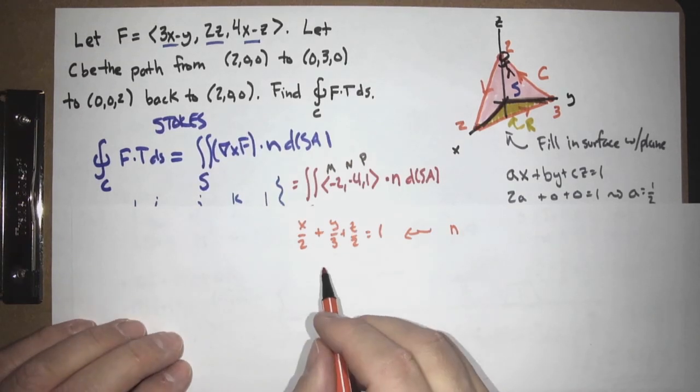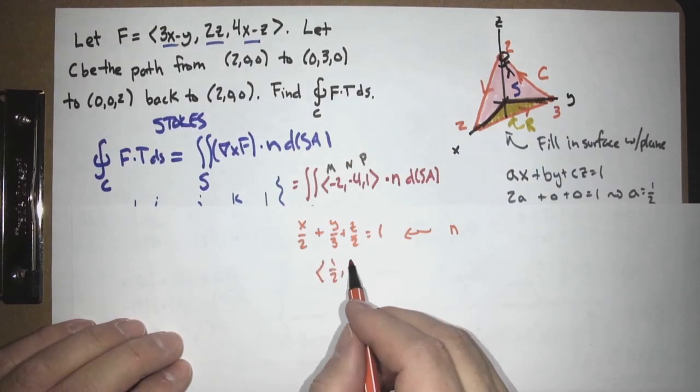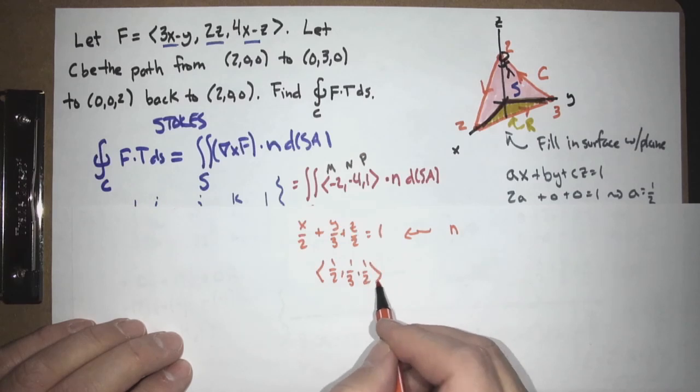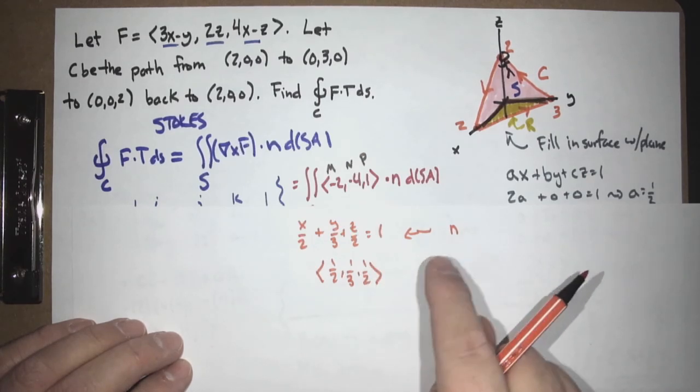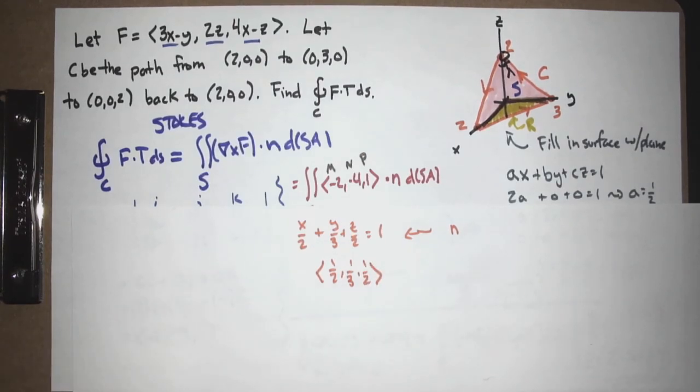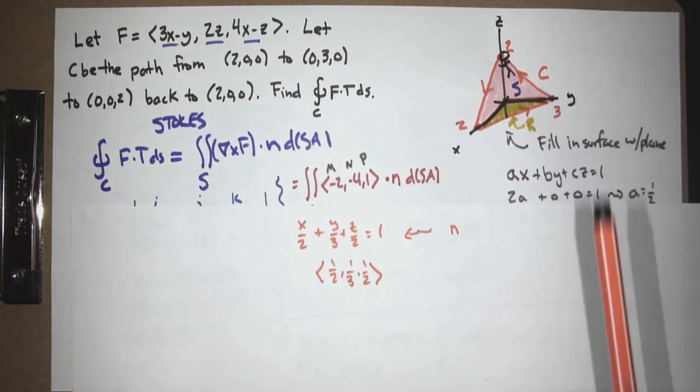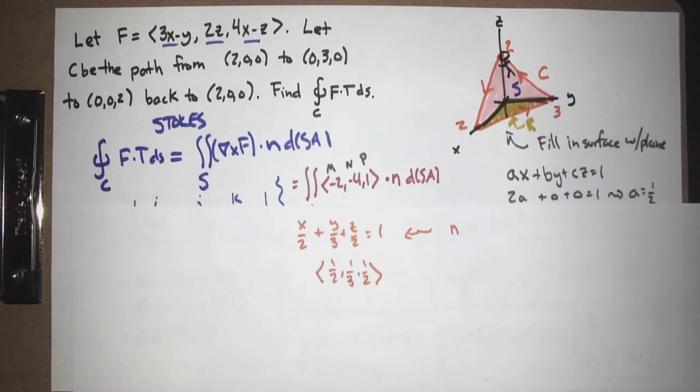Okay, so reading off the coefficients, you get a half, a third, a half. Now, is this n, and why not? Right. We have to make it length 1, and we possibly have to fix orientation. We're okay with orientation. We already said the z component should be positive.